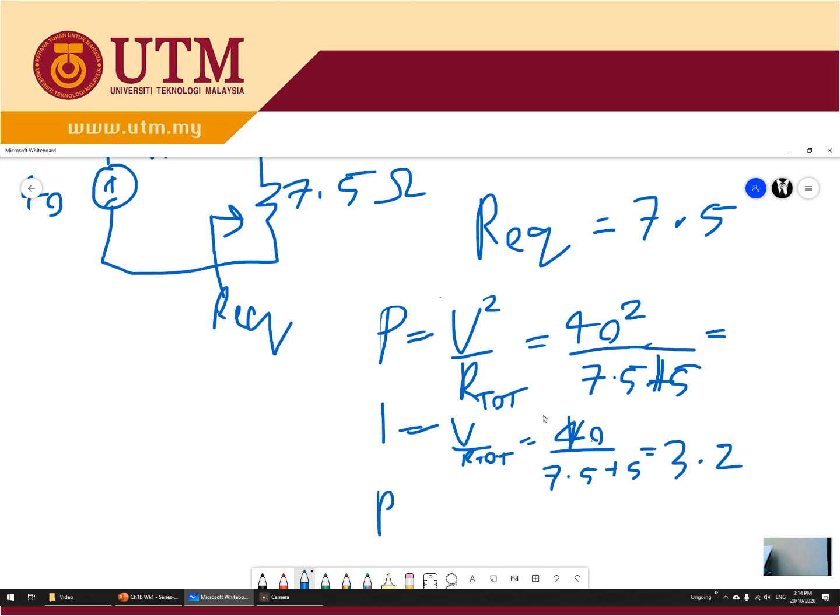Okay, so P equals VI. VI is 40 multiplied by 3.2 equals 128 watt. The unit for power is watt. If you use the other method, 40 squared divided by 12.5, you also get directly the answer 128 watt.